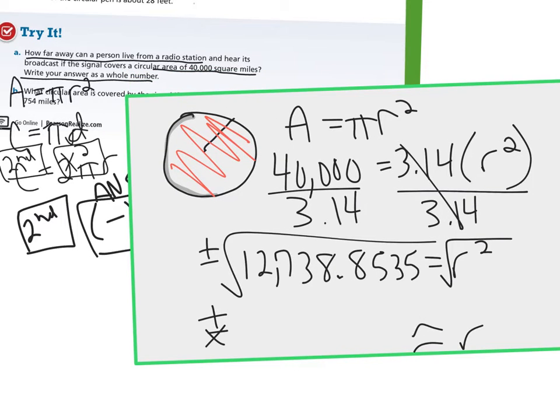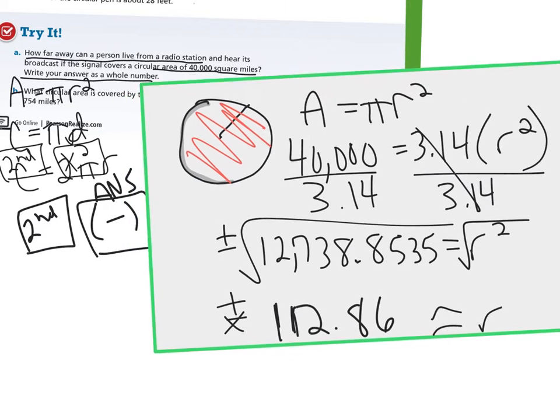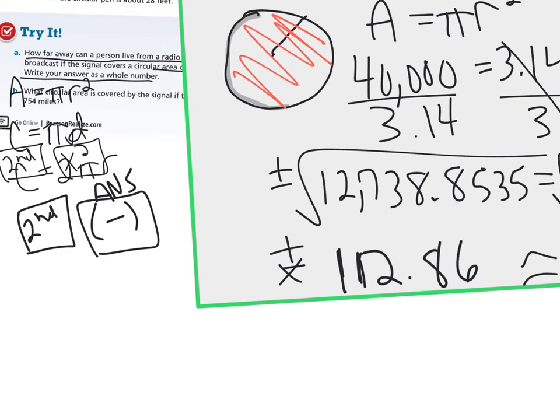Now, this is kind of a question mark here. It's about 112.86 roughly. So normally on a regular problem we would say this is closer to 113 than 112. We'll round it to 113.